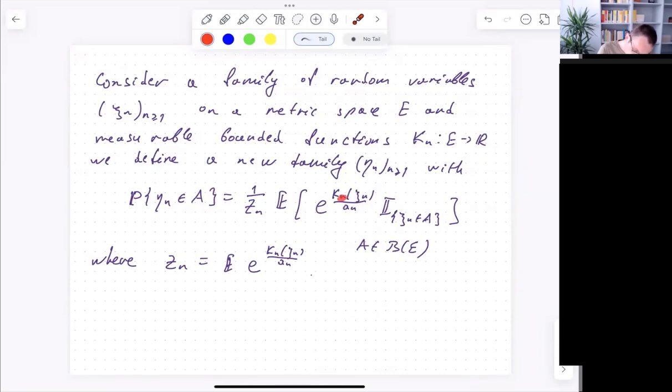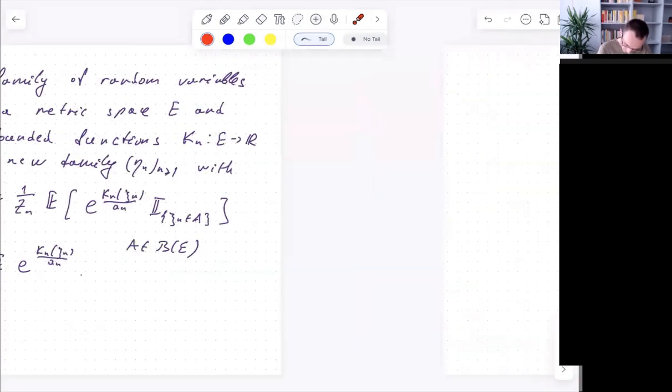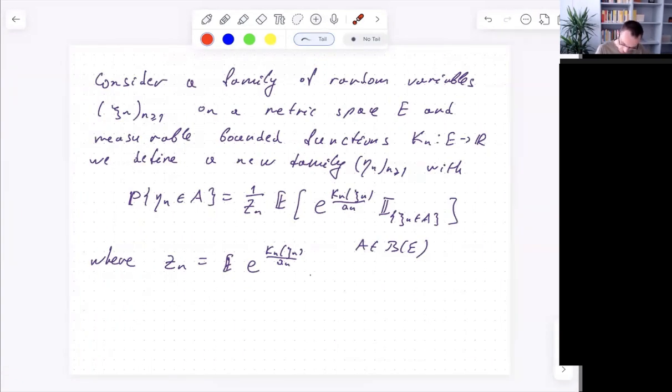But today we are going to assume that this K n goes to 0. And then we will show that in that case, the large deviation principle will be the same.